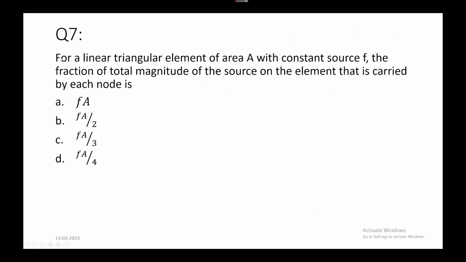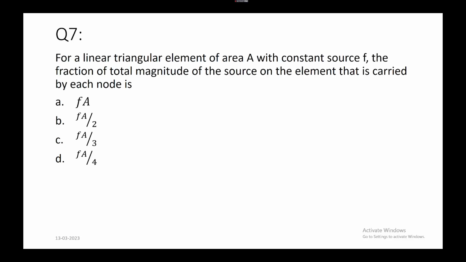Okay, so this question: for a linear triangular element of area A with constant source f, the fraction of the total magnitude of the source on the element that is carried by each node is fA by 2, fA by 3, fA by 4. So can you guess what could be the answer?